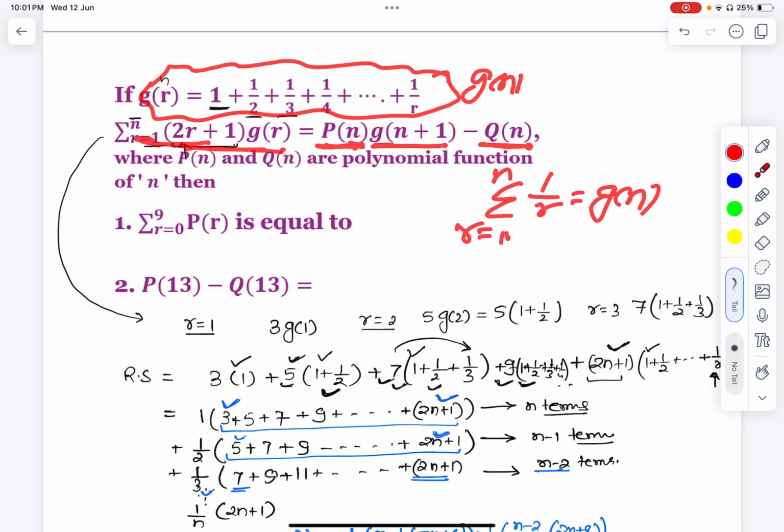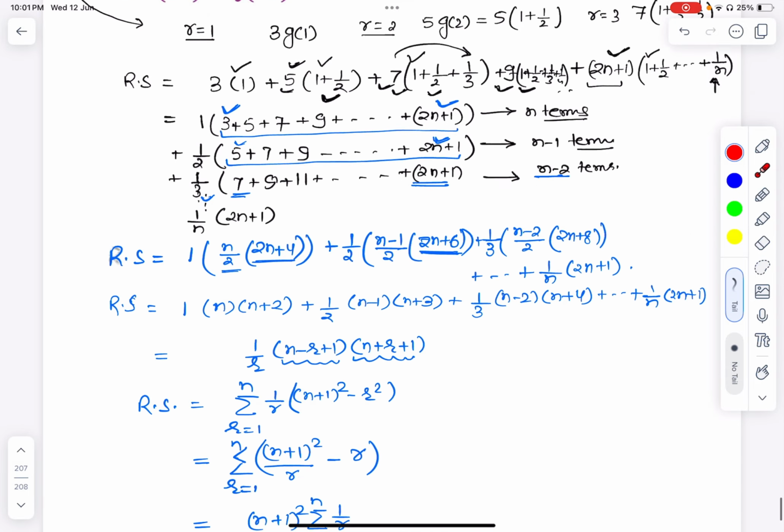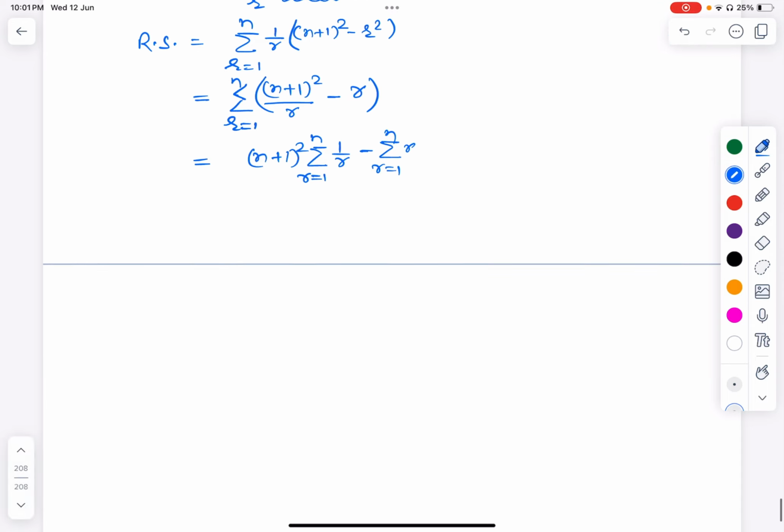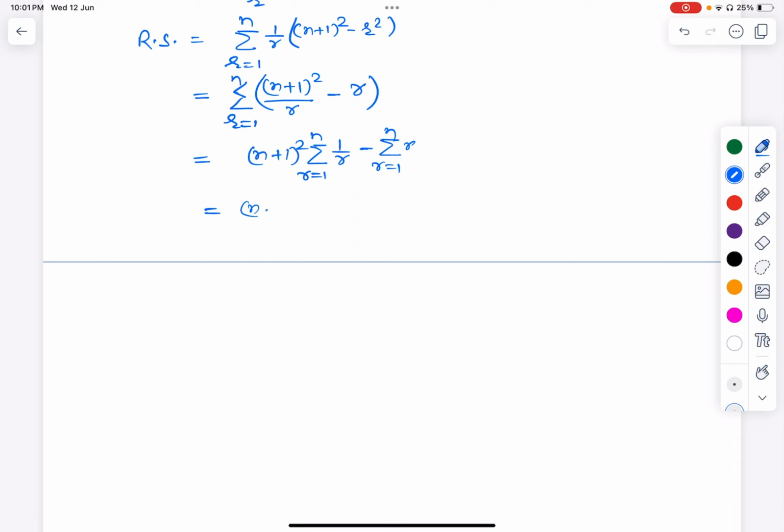So now this summation we can write as g of n minus summation over r, where r is varying from 1 to n. So you can write (n plus 1) whole square g of n minus n into (n plus 1) by 2, correct?